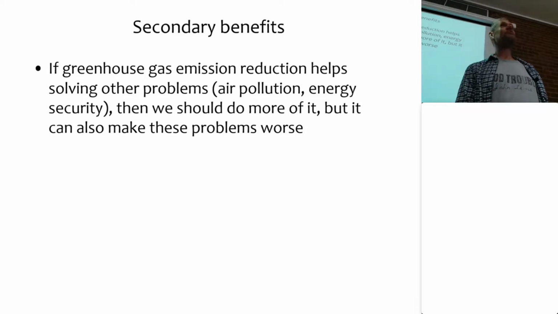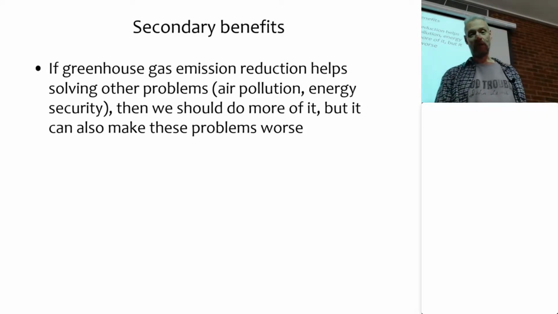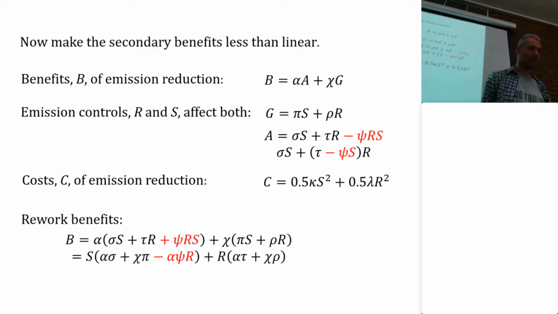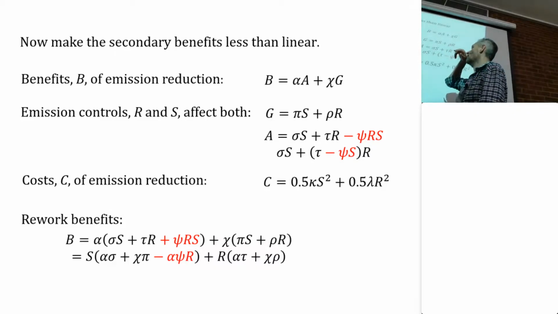Now this is true for a linear model. Let's make the model less than linear. And the derivation is exactly the same as it was apart from the red bits. So the benefits of emission reduction are as they were before.